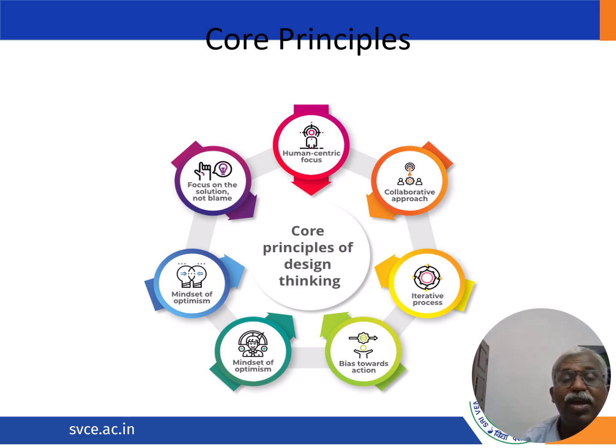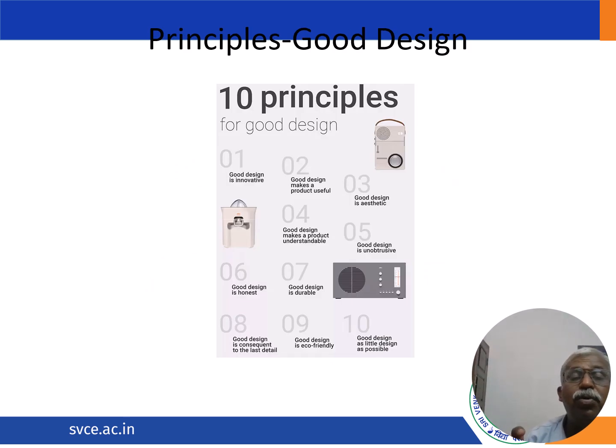Finally, we have a principle goal, design. We have 10 principles, the 10 principles of design for innovation. We need to think innovation based on the problem. Then we need to update the product's usefulness.